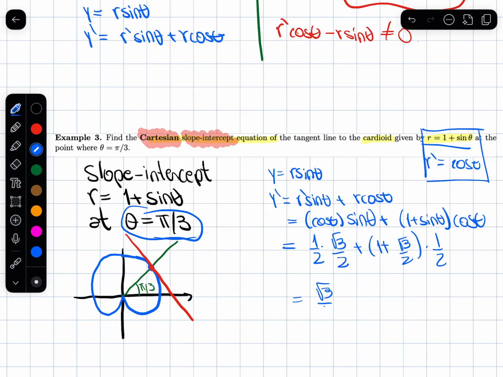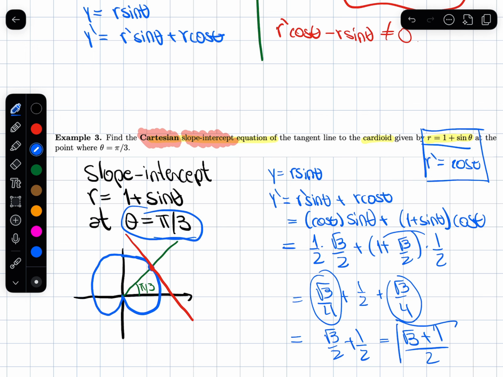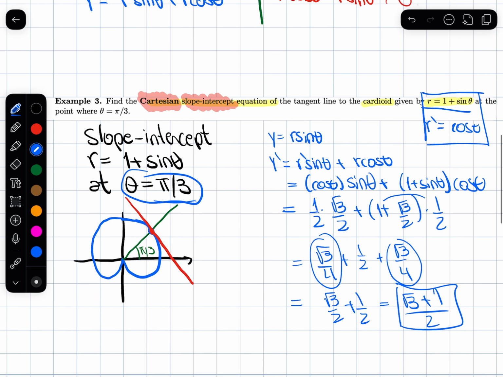So this is square root 3 over 4 plus 1/2 plus square root 3 over 4. So I get to combine these to get 2 times square root 3 over 4, which is just square root 3 over 2. And then this is just square root 3 plus 1, all of that over 2. So that's my y prime.